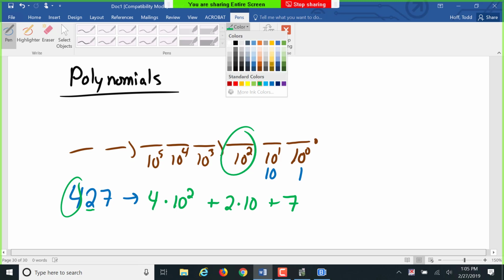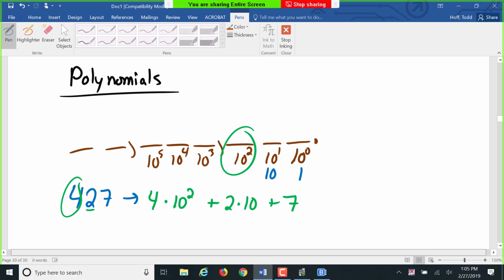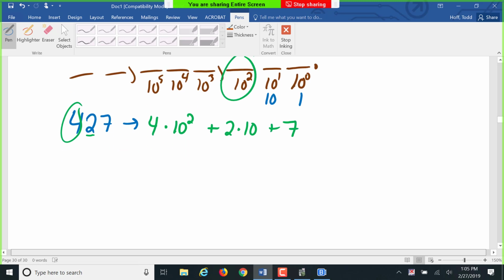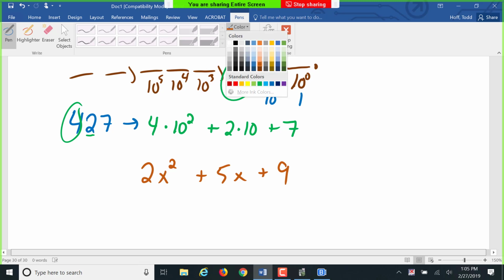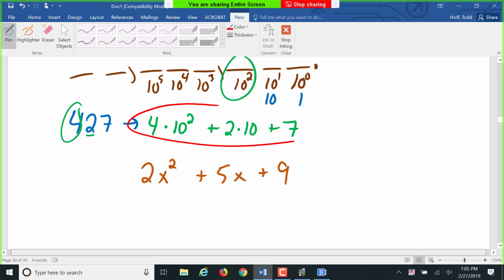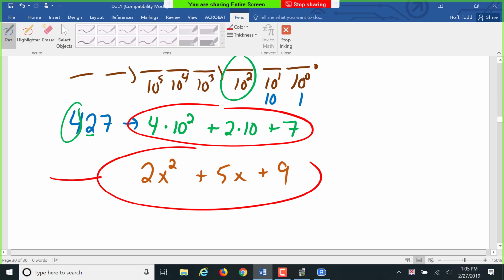From that representation, when we look at an algebraic number or polynomial, 2x squared plus 5x plus 9, we can see the similarities there. Our place values now are x squared, x, and x to the 0, or 1s, where up here it's 10 squared, 10, and 10 to the 0, which is still 1s.